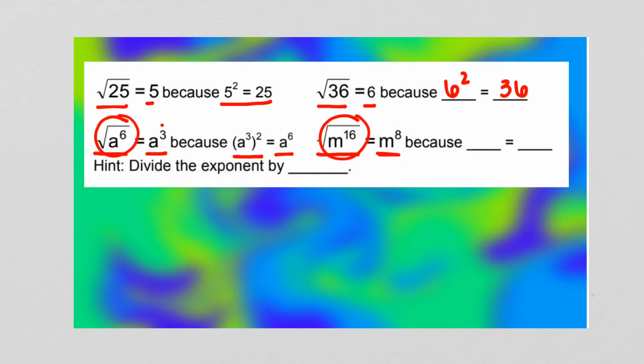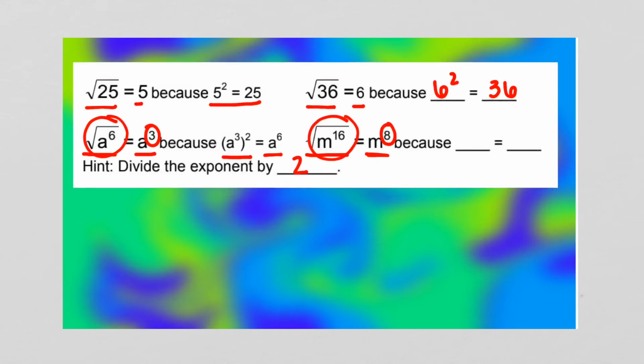And their answers are exponents that you would get if you divided the original by 2. So I know that the square root of m to the 16th is equal to m to the 8th because if I was to take m to the 8th and square it, I would get m to the 16th. It's just like that first example. Like I said, this is just to get you familiar with the language. It's really important to know, though, that the easiest way is just to divide the exponent by 2.